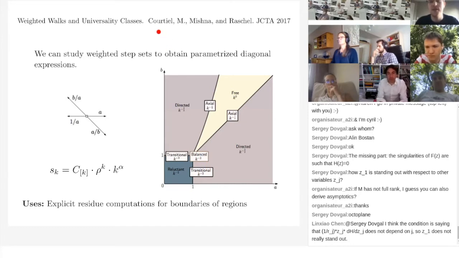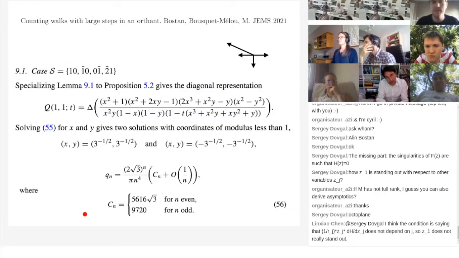This was joint work with Julien Courtiel, Marnie, and Killian. On the boundary regions here, things get nasty, so we did some explicit residues by hand, and then applied the general theory after to do a little bit of extra simplification there.